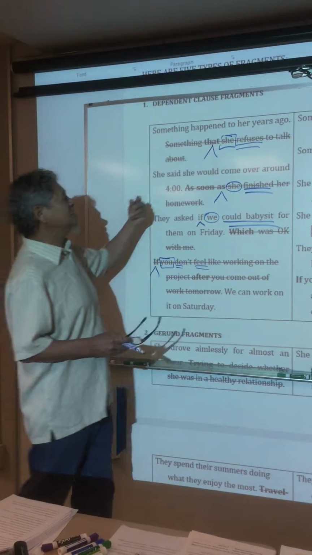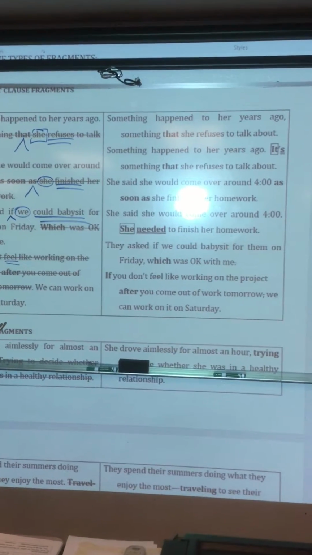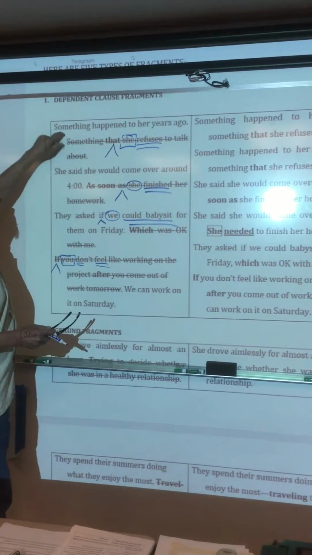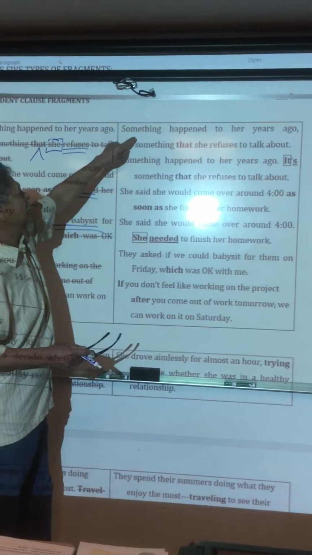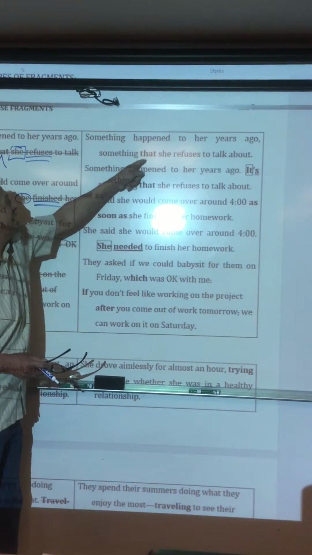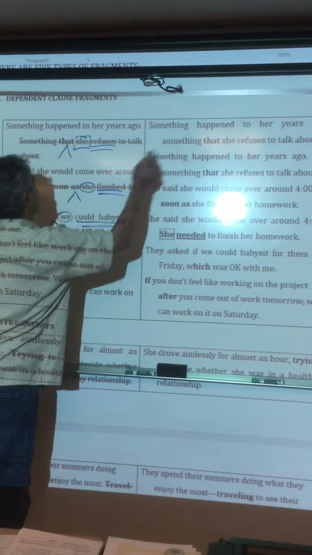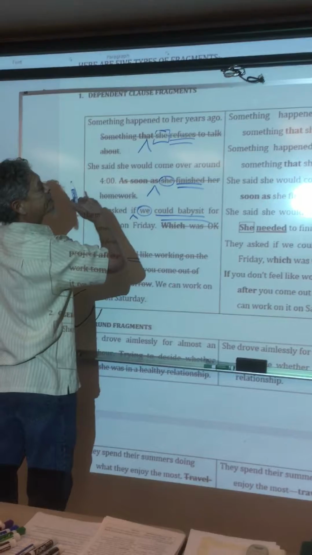You can see on the first example that the fragment has been joined to the independent clause by putting the word that. And that's a subordinating conjunction.